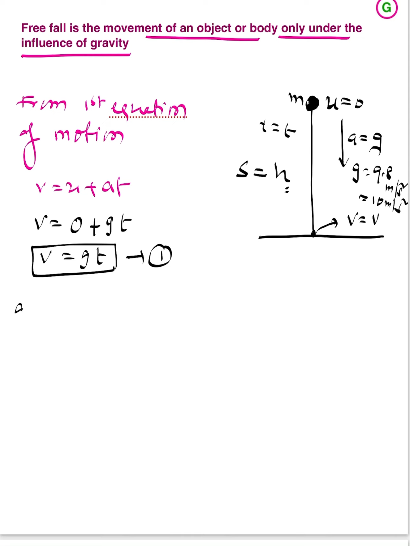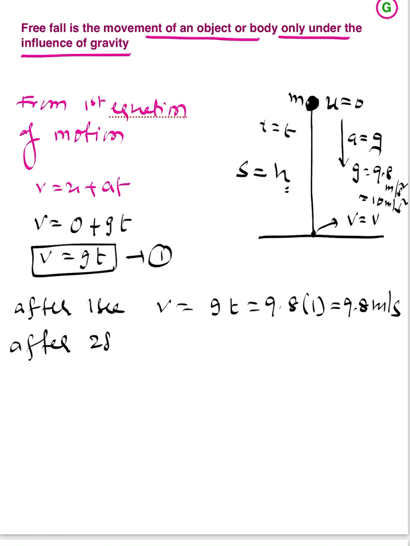That means after 1 second, velocity v is equal to g into t, 9.8 into 1, that is 9.8 meter per second. After 2 seconds, velocity gt, that is 9.8 into 2, that is 19.6 meter per second. After 3 seconds, 4 seconds, the velocity will keep increasing till it reaches the ground. So this is the first equation of motion.